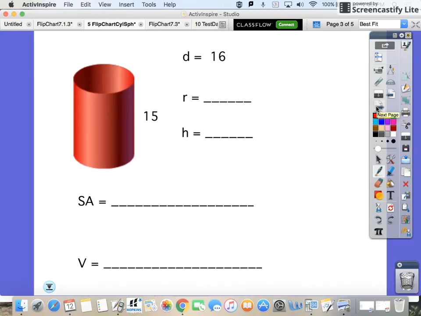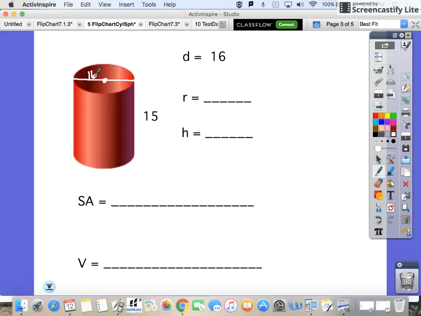So for cylinders, what we are going to need to do is calculate the radius and the height in order to find the surface area. They told us that the diameter is 16, and please remember that diameter is all the way across, through the center. So that means this is 16.